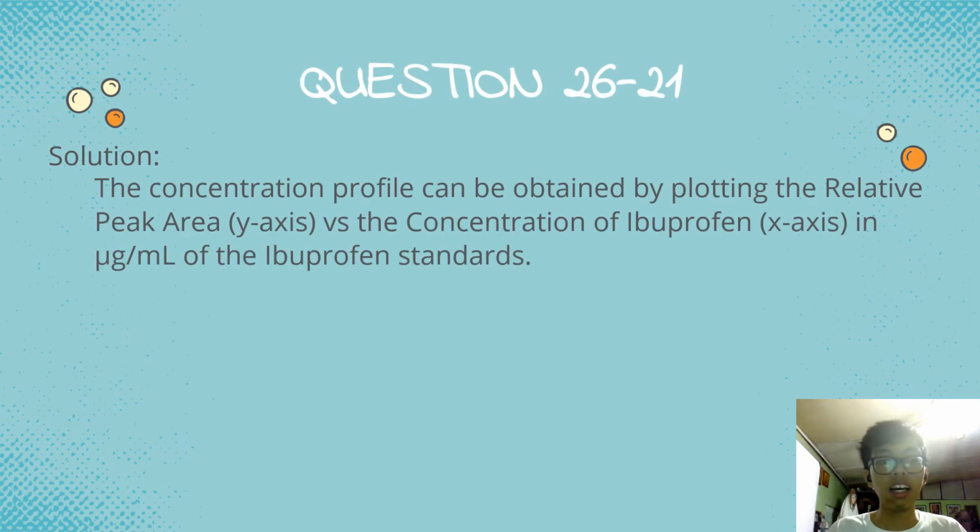So first, the concentration profile can be obtained by plotting the relative peak area, which is the y-axis, versus the concentration of ibuprofen in the x-axis in micrograms per milliliter of the ibuprofen standards. So basically, we'll be taking the standards first and creating a linear equation so that we may determine the concentration of the samples by using the equation obtained from the standards.